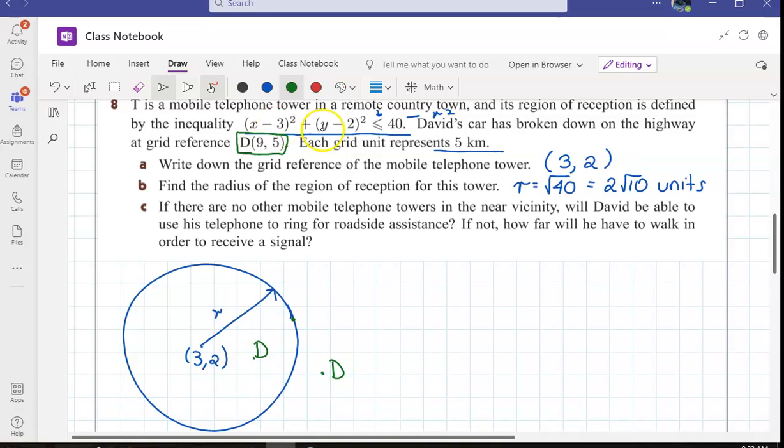Now, when you sub, if it is greater than 40, what are you telling Dave? Oh, Dave, no ringing for you. You start walking a bit closer to the tower. Right? So shall we sub? Let's make a prediction. Who thinks Dave is going to get reception? Oh, poor Dave. Let's go. So I'll write the equation again.